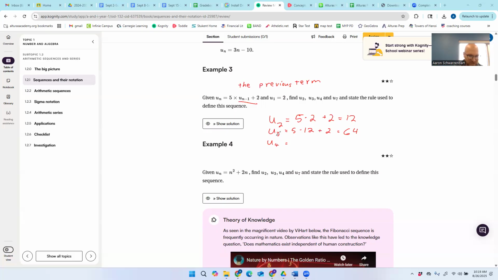So 5 times 64, that's 322. To get to U7, I need to do U5 and U6, and then we'll get U7 over here. 5 times 322 plus 2 for U5, 1612.